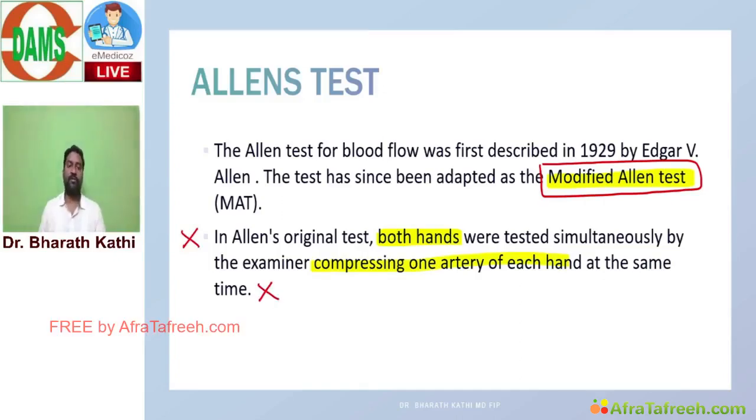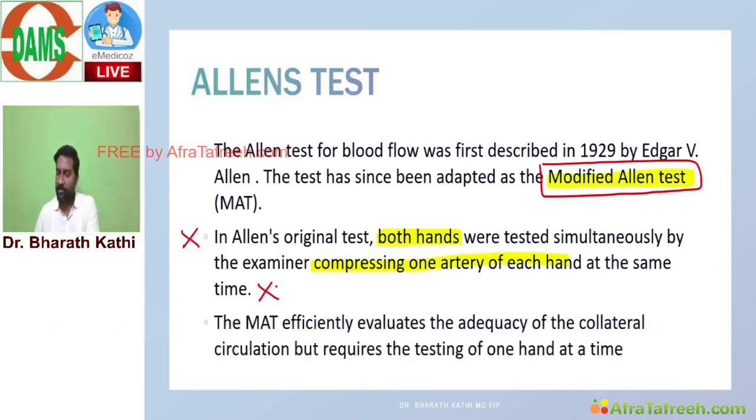So for rapidly knowing the patency of the ulnar artery, what we use is the modified Allen's test. It evaluates the adequacy of collateral circulation, and we are going to test one hand at a time. So in the same hand, we are going to test the radial artery and ulnar artery.